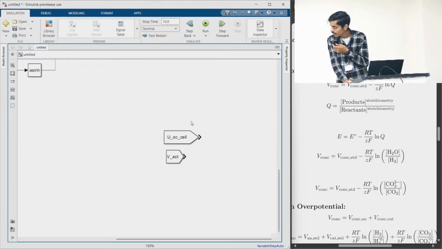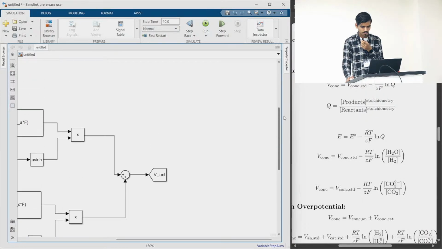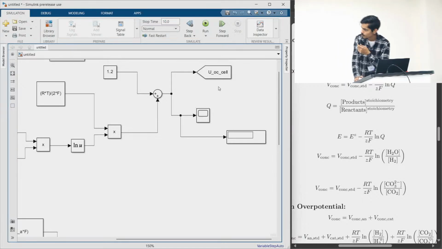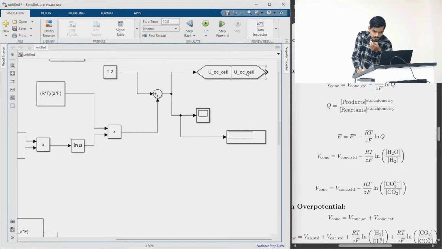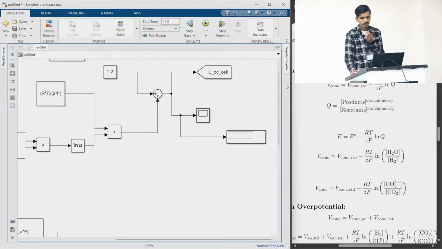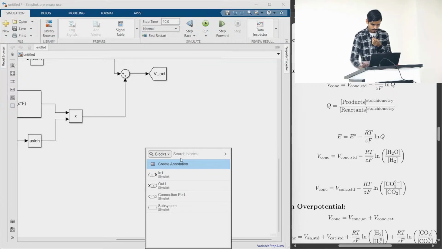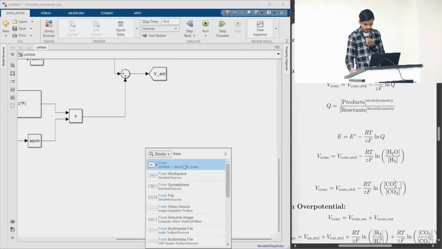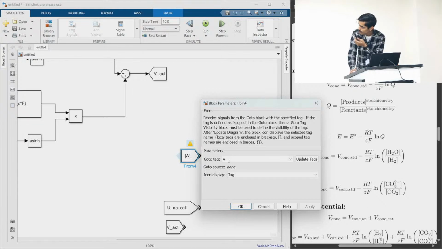So now we have the values for open circuit voltage and activation voltage. First we go to the From block. From this Goto block, we can get it either by swapping or just by typing manually "From", and it asks for the Goto tag.